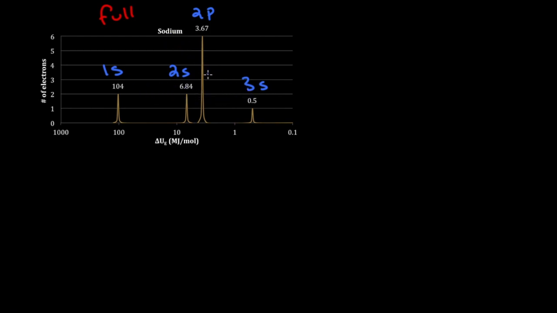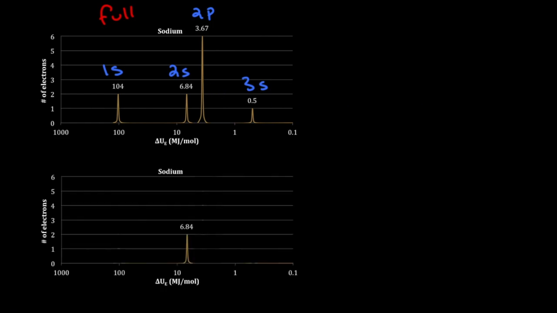And so another way they might give this to you could look something like this. And in this graph, we only have this peak right in here. And so this is going to be called the partial photoelectron spectroscopy graph. And this right here, this peak in here, would be the 2s. And so one reason they might give you this graph instead of this graph is because they might give you two different atoms where you have this peak right in here, and they might give you another peak that might also be the 2s.